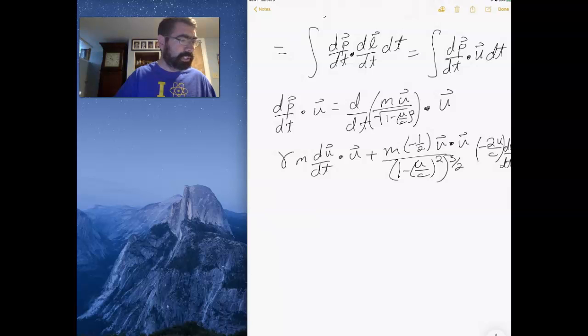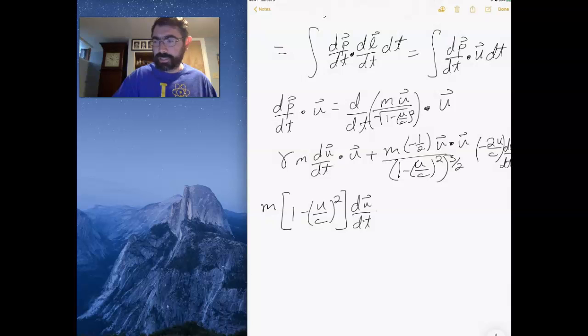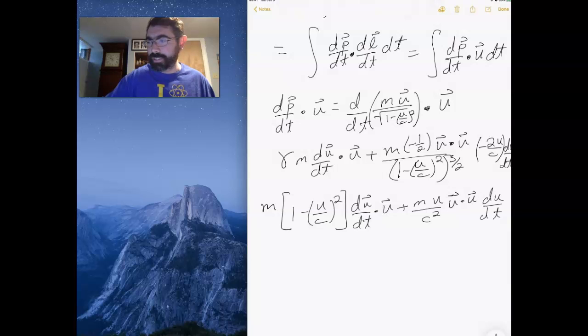In the end, what we should get is m times 1 minus (u/c) quantity squared, du/dt dotted into u, plus m u over c squared, u dotted into u, du/dt, all of that divided by 1 minus (u/c) quantity squared to the 3/2 power.